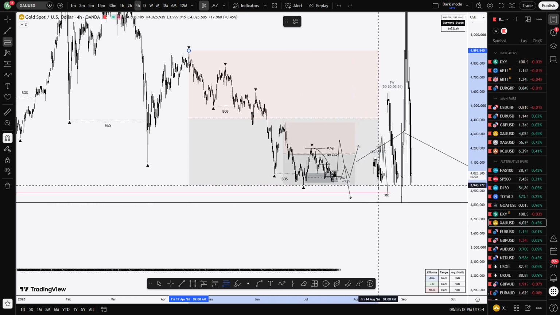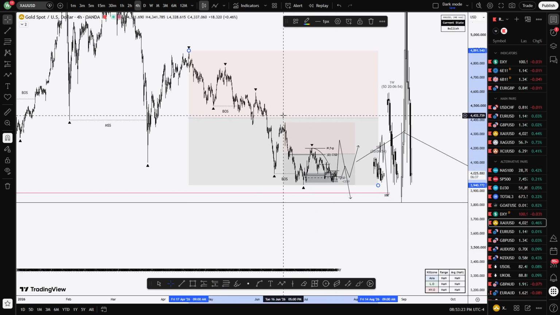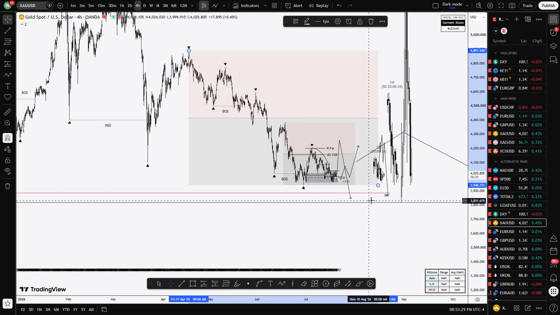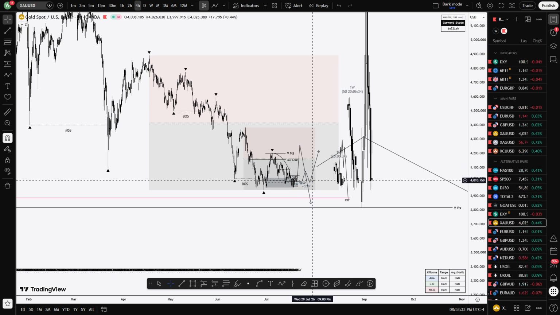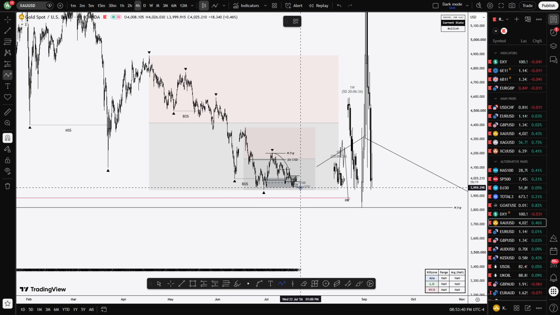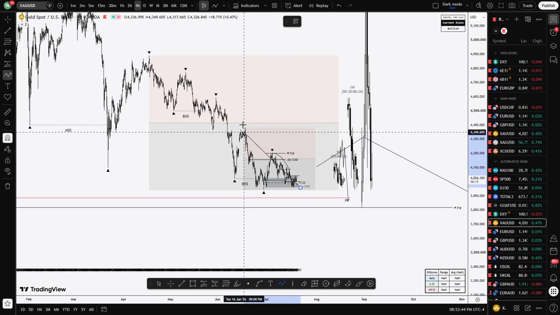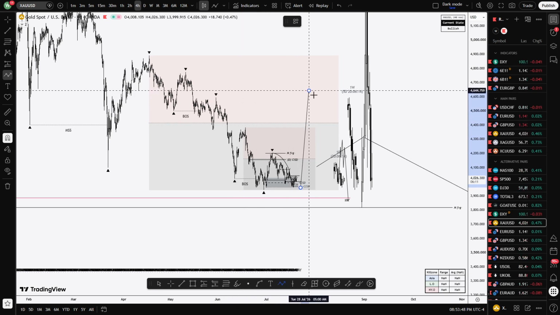So you see, from this high to this low, this is 50%, and this is below 50%, right? So we could see price trading higher to take all these highs and even sweeping this high as well, to then trade into this zone, right?